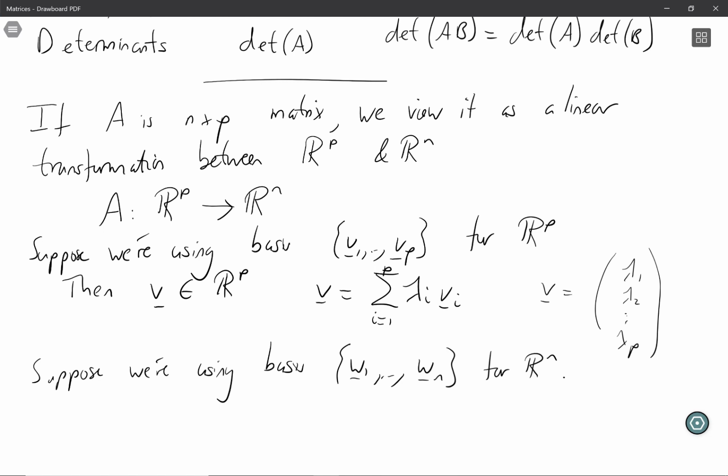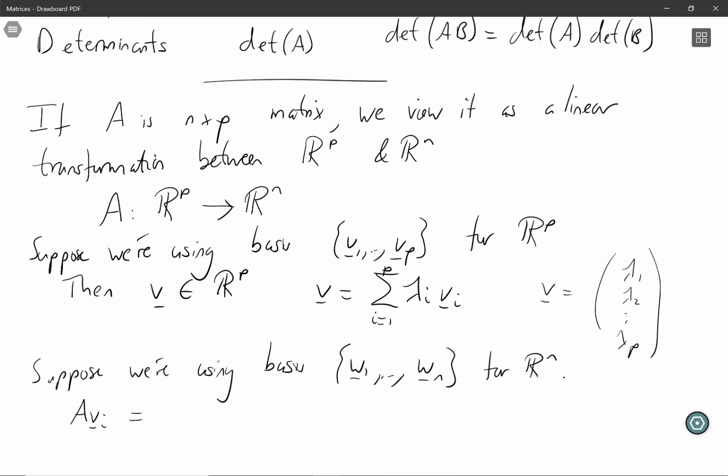Well, it's very simple. We have that A times Vi, where Vi is one of our basis vectors for Rp, must be a linear combination of the W's, which are a basis for Rn. So we know A times Vi must be in Rn, because A maps from Rp to Rn.